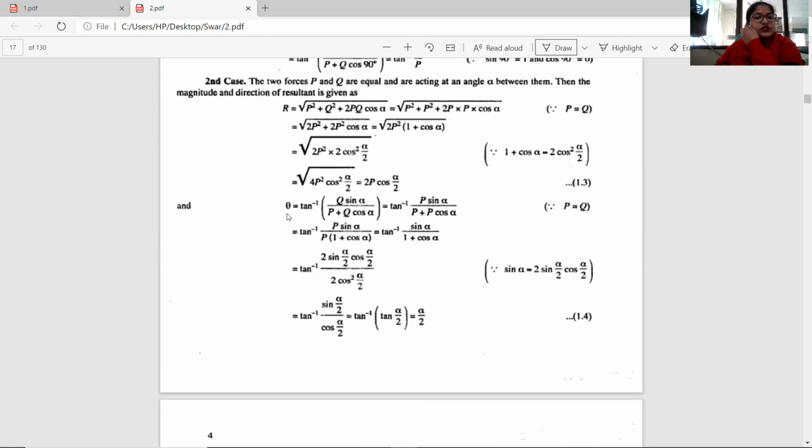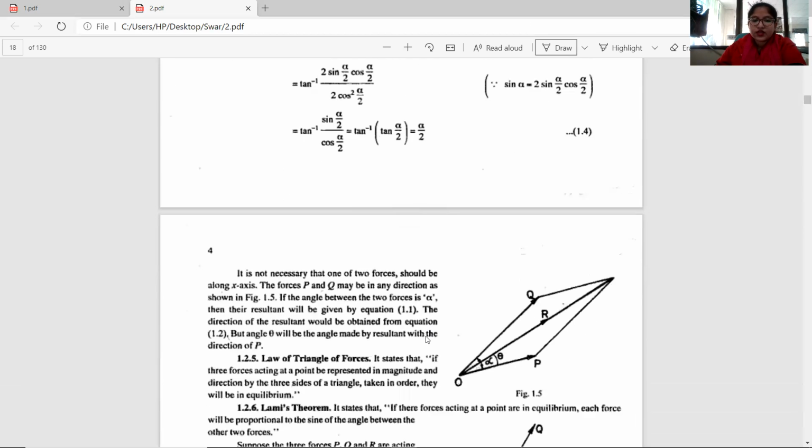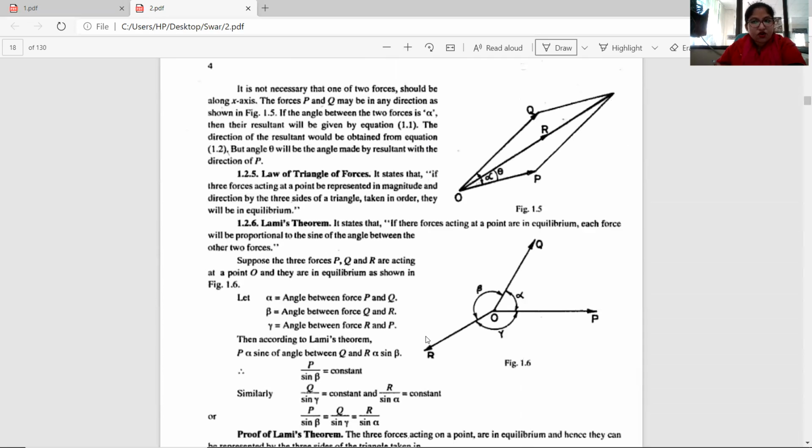Then the direction theta will be, put the value of Q as P, then tan inverse of P sin alpha upon P plus P cos alpha, then after solution my direction will be alpha by 2. So this is my law of parallelogram.